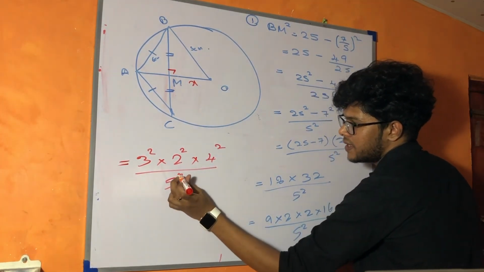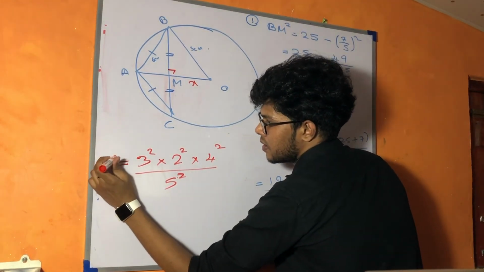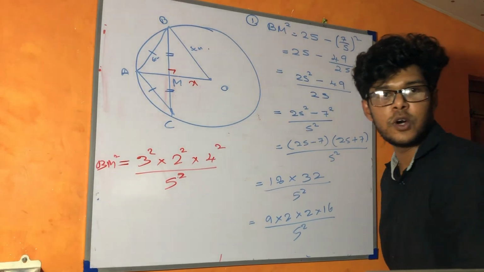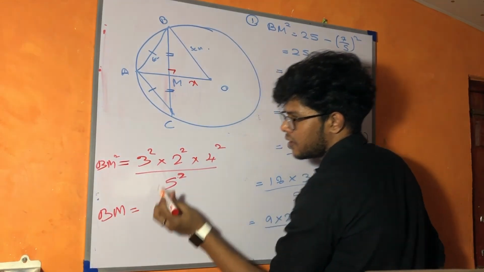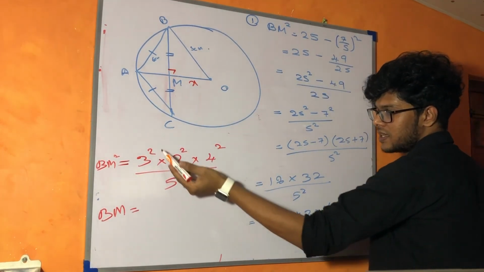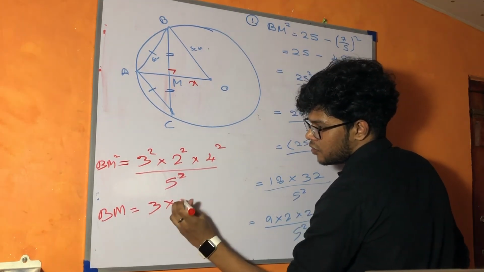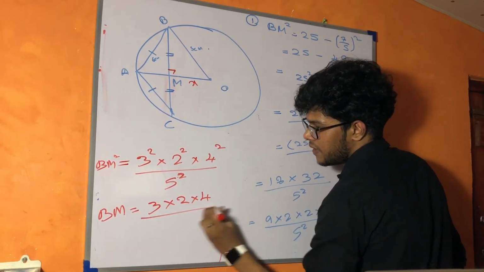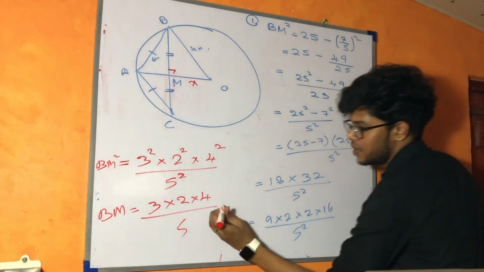So you have everything as square terms, right? And this is Bm squared. Now what you do? You take the square root of both sides. Bm is going to be equal to the square root of all this. So all the squares will cancel, which means 3 into 2 into 4 divided by 5. So Bm is going to be equal to 4.8 centimeters.